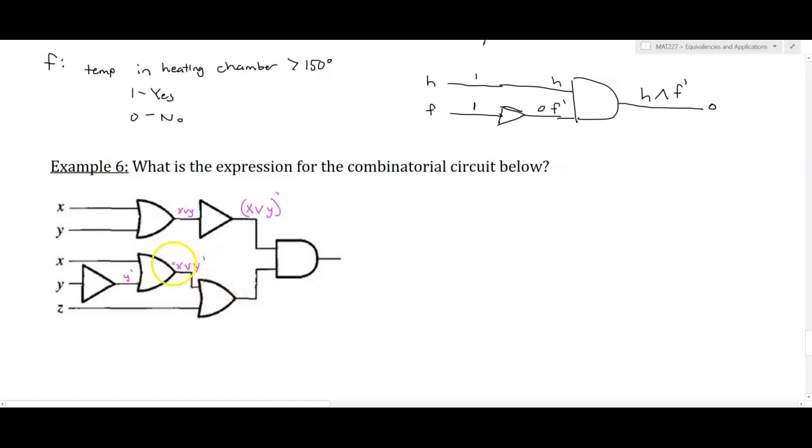Now it's not X or Y all primed. X is not getting negated. It's only Y getting negated as the input. Now here I have an OR gate, but I'm waiting on another signal. That signal is Z. So on the output of this OR gate, I will have X or Y prime, that's this input, ORed with Z. And so what these two signals coming in here will get conjoined together.